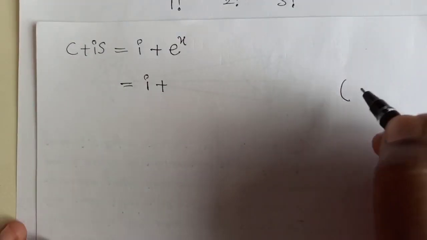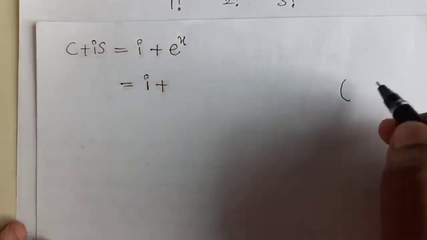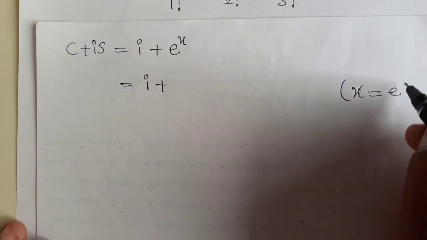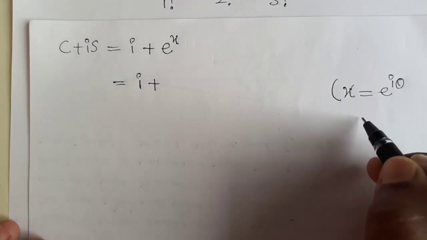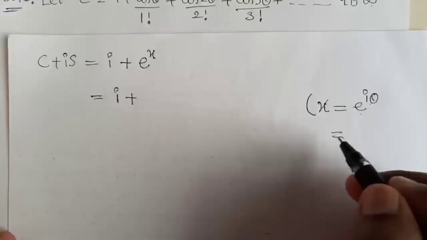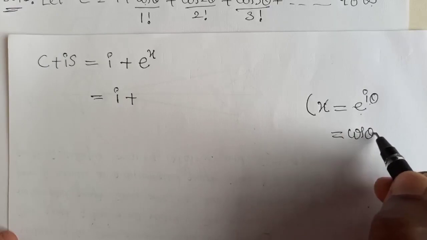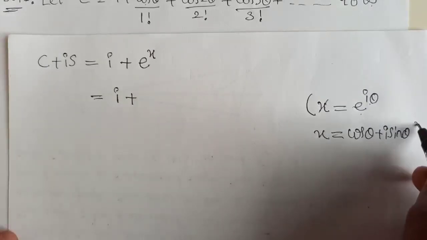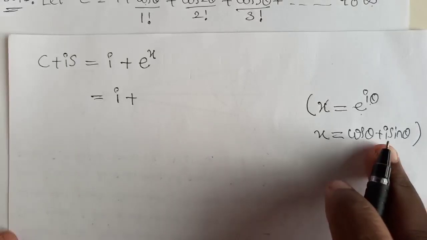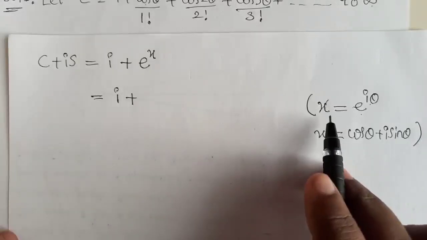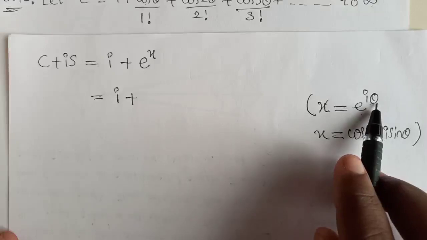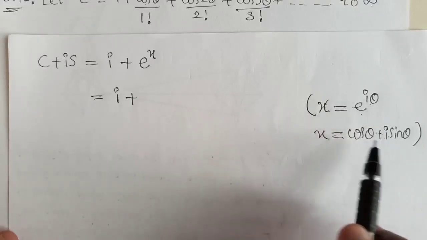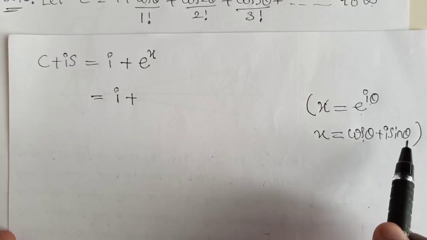we get, so first I will substitute this x value. Here we have taken x equals e raised to I theta, which means that e raised to I theta is cos theta plus I sin theta. So therefore we substitute x equals cos theta plus I sin theta, because x equals e raised to I theta, and e raised to I theta always means cos theta plus I sin theta.